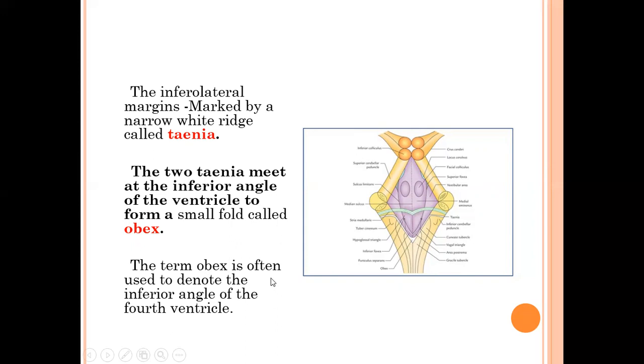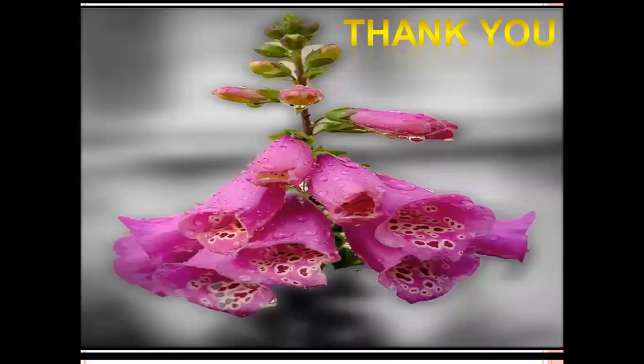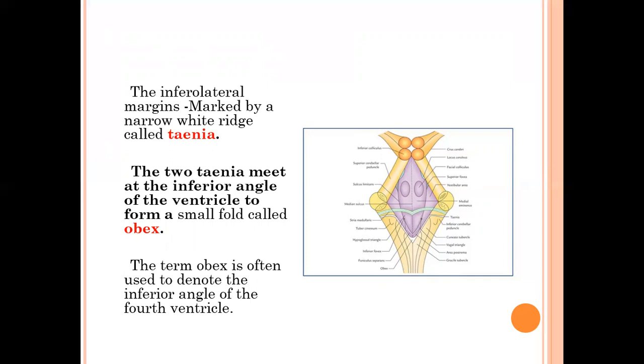The term obex is often used to denote the inferior angle of the fourth ventricle. So that is about the taeniae. These are the features of the floor of the fourth ventricle, which is very, very important.